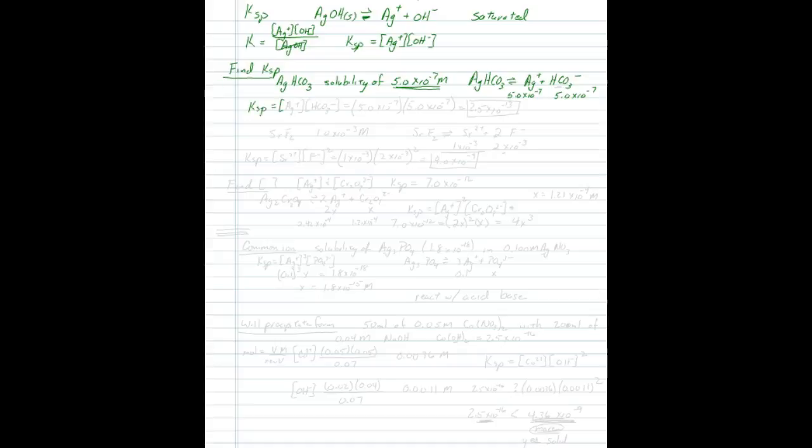Ksp equals Ag plus times HCO3 minus, 5 times 10 to the negative 7 times 5 times 10 to the negative 7 equals 2.5 times 10 to the negative 13. That is your Ksp value for that.